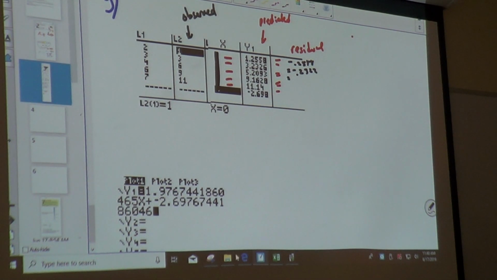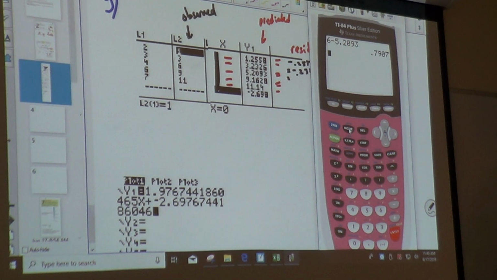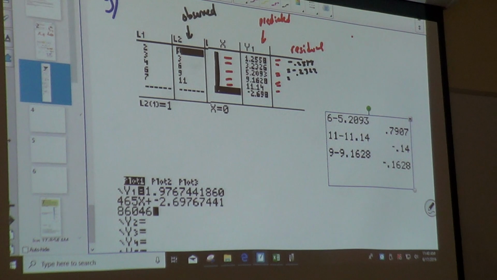That one's going to be minus 5.2093. 6 minus 5.2093 is 0.7907, and then negative 0.14. What do we have to do to each one of those answers?